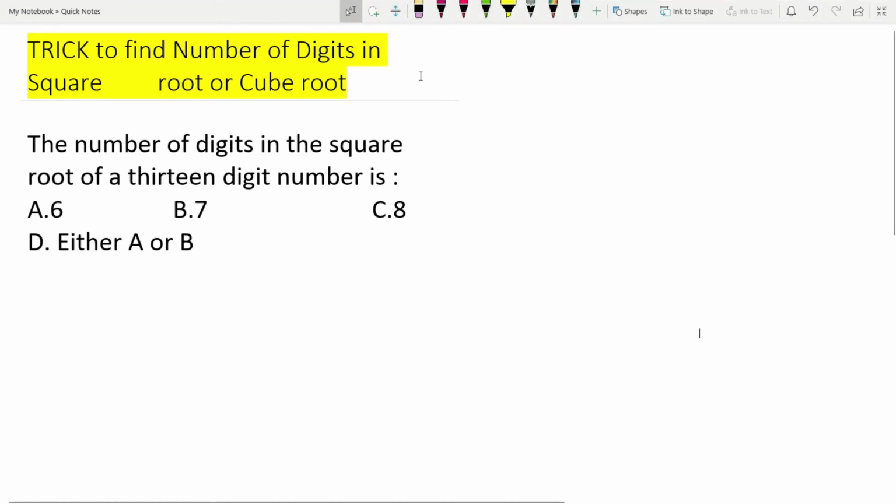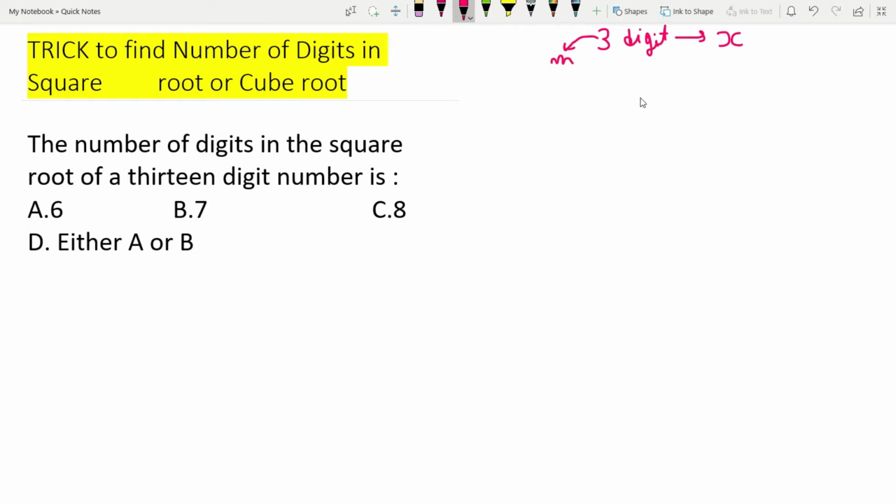First of all, let us see what the concept is. The concept goes like this. Suppose we have a 3 digit number, and let the number be x, and let the number of digits be m.